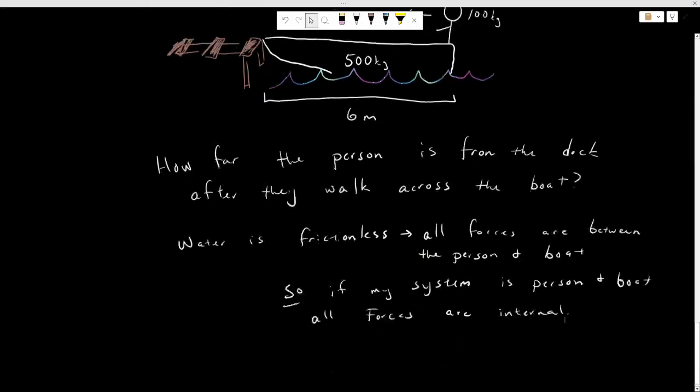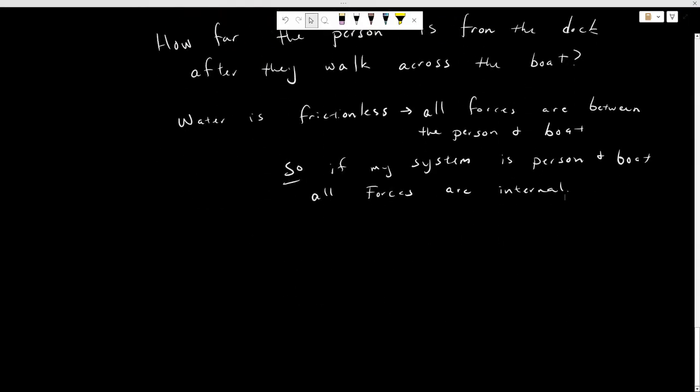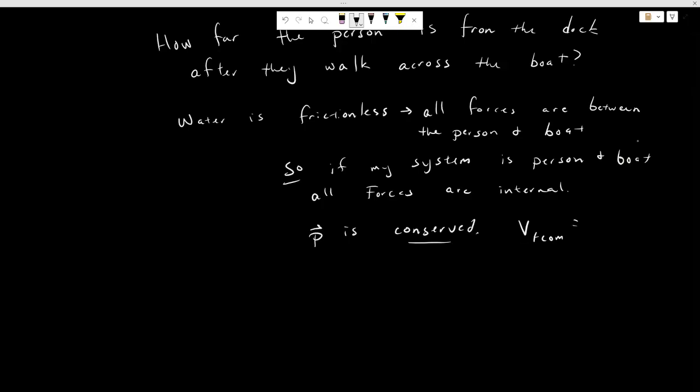And if all my forces are internal, then P is conserved. And that means that V final for the center of mass equals V initial for the center of mass, because the center of mass will move at a constant velocity. And if the boat is docked, it is stopped. So that means that the center of mass doesn't move.